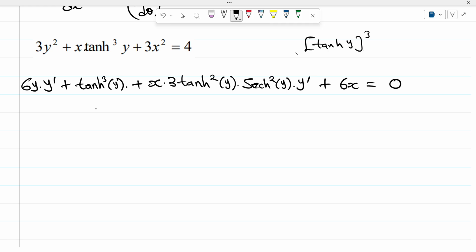Then here we group our factors: those that consist of y prime will be on our left, and those that don't consist of y prime will be on our right.